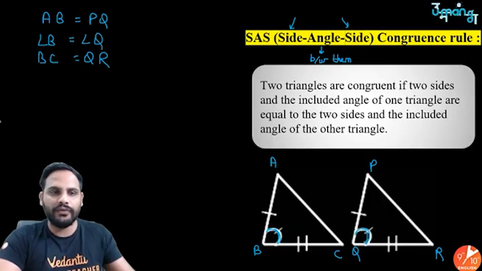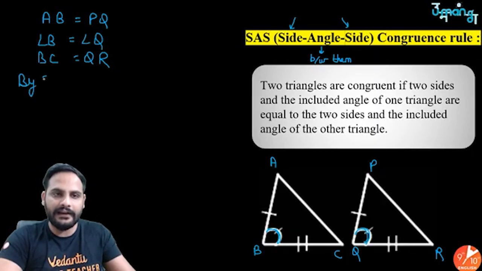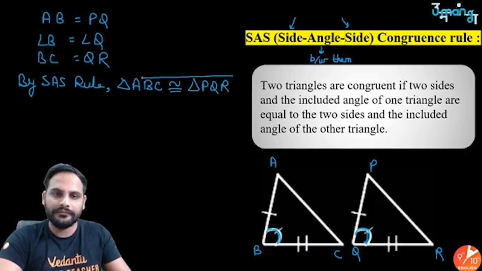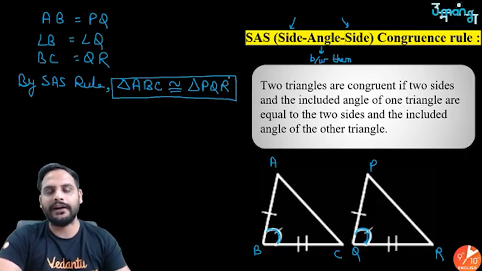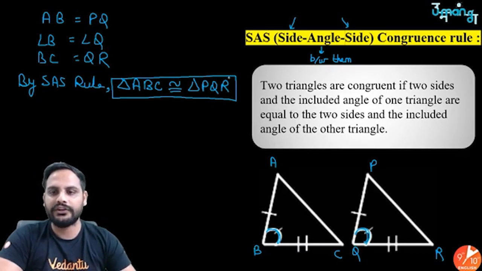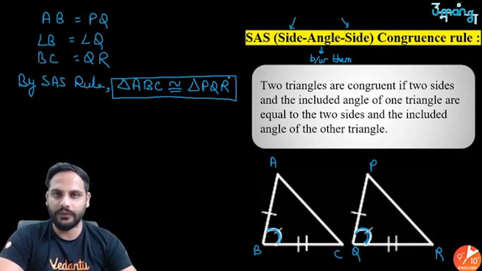So if this is true, I can say, by side angle side rule, triangle ABC is congruent to triangle PQR.